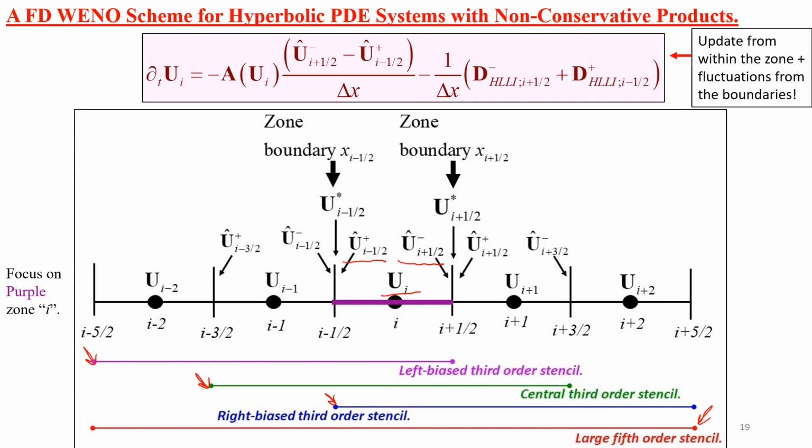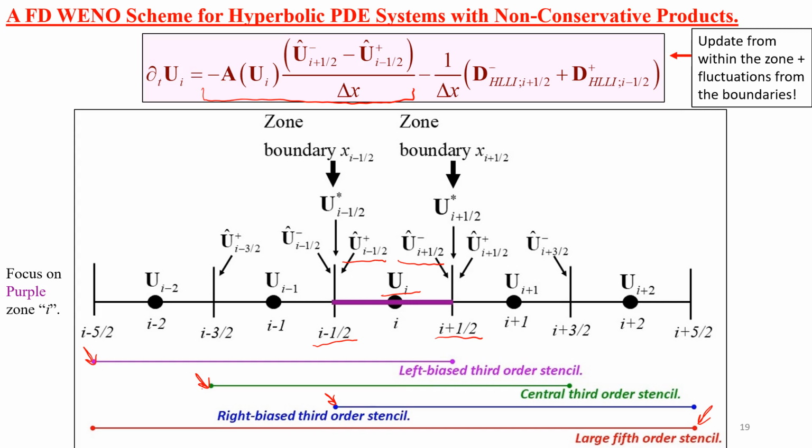Okay, so with that we can actually go ahead and construct this term out here, which actually represents the time rate of change within a zone without accounting for the fluctuations, the left going fluctuations that are coming from the I plus a half boundary and the right going fluctuations that are coming from the I minus a half boundary. So we can account for those by putting in this additional term.